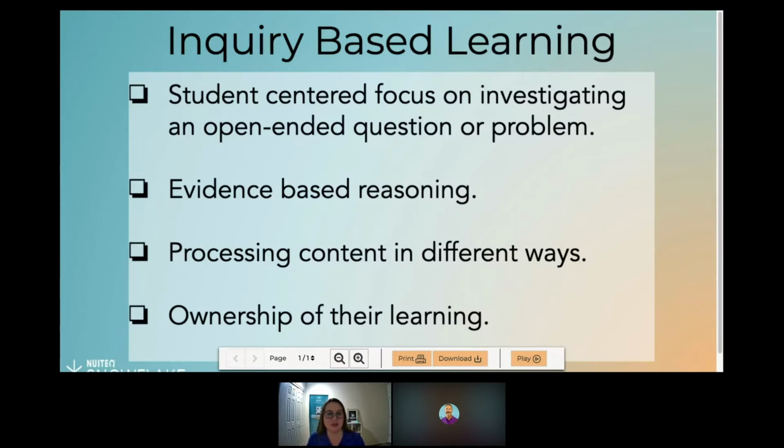The really great thing with inquiry-based learning is it allows the students to process content in different ways. So what that means is it already has built-in differentiation. Students who are very visual learners or students who learn best by doing, like the hands-on type things, depending on the inquiry itself, it can help reach multiple different learning styles and different learning needs.